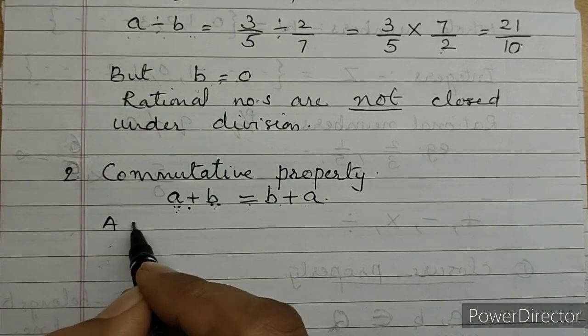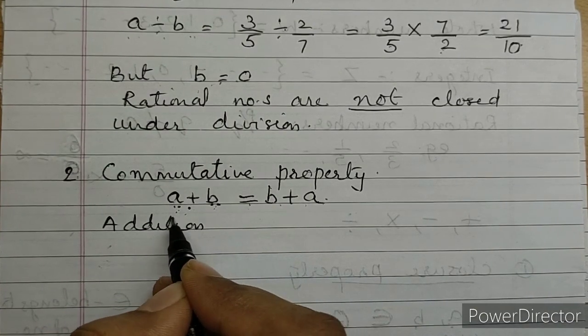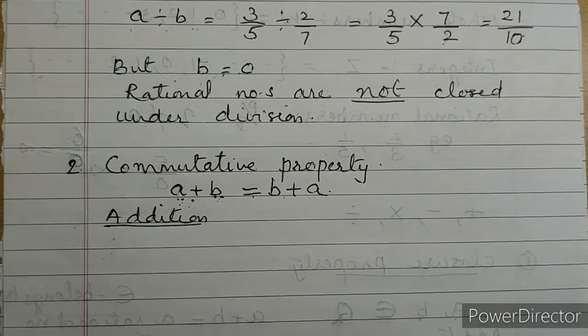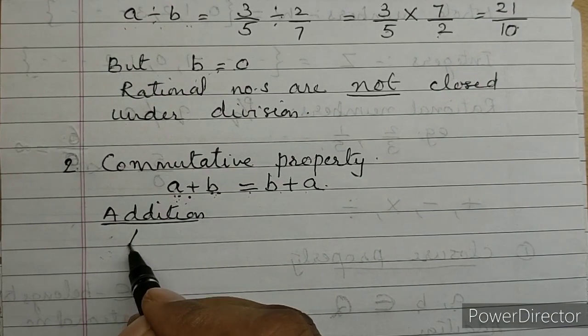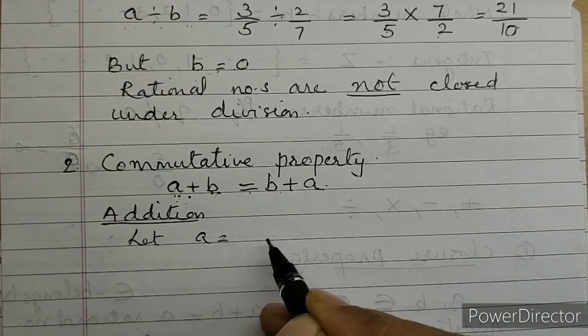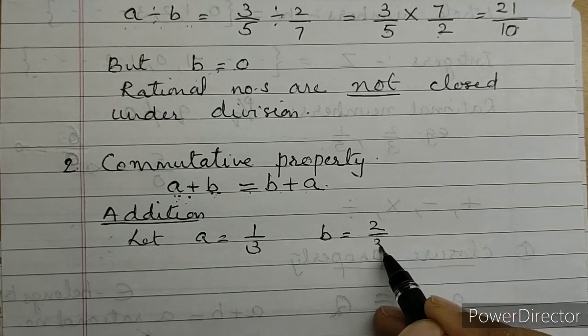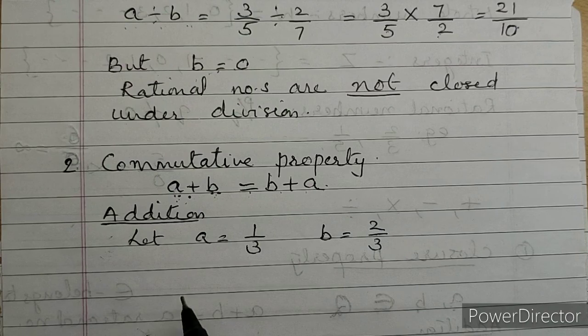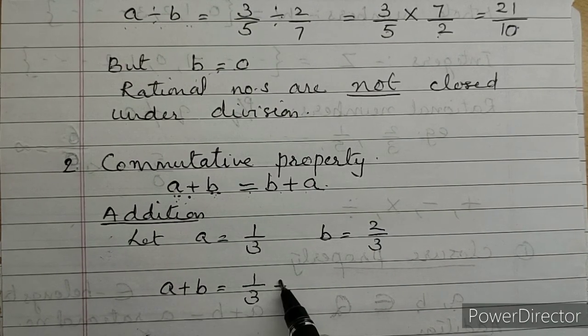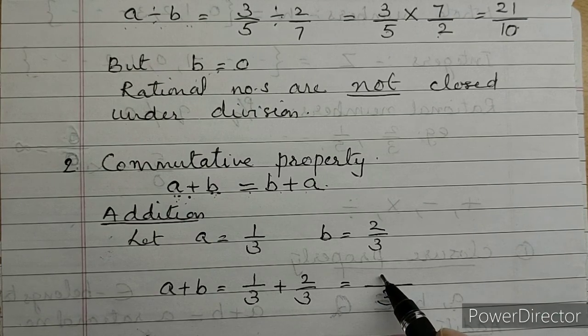First for addition. Take two examples. Let a is equal to 1 by 3 and b is equal to 2 by 3. What is a plus b? a plus b is 1 by 3 plus 2 by 3, which is equal to, since denominators are same, you can write like this and add the numerators.